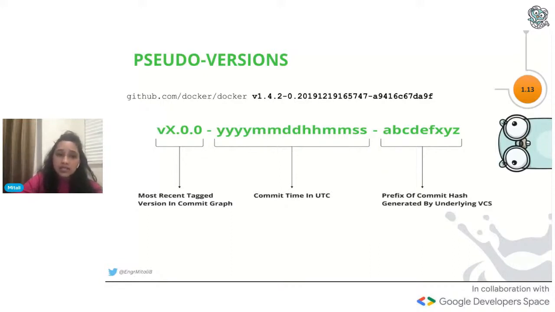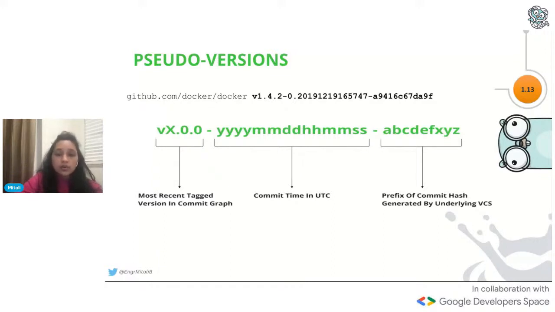So if I modify this first part to anything else, it will mess up the whole ordering of the system, and actually pin this particular pseudo version to your module, which might not be the latest. And also the second part, which is the commit time, also takes part in the ordering of the pseudo versions.